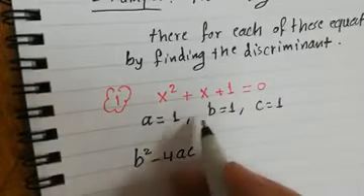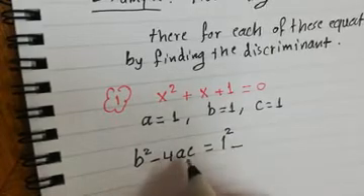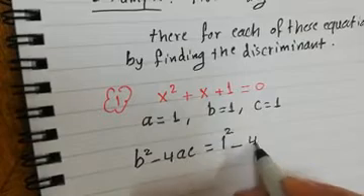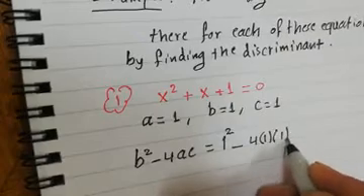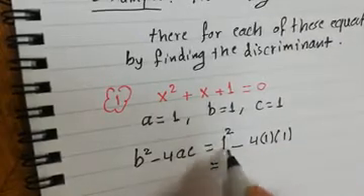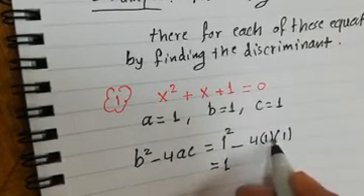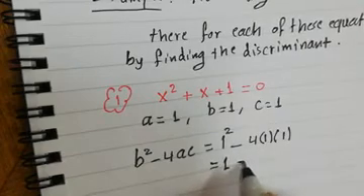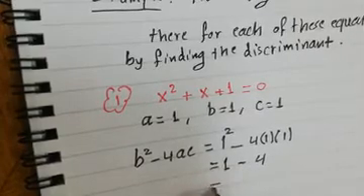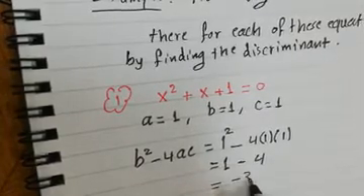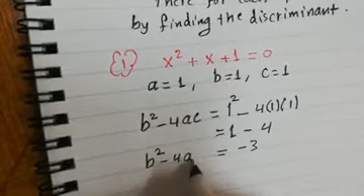It equals B squared, which is 1 squared, minus 4 multiplied by A, which is 1, multiplied by C, which is 1. 1 squared is 1. Now the multiplication, 4 times 1 times 1 is 4. Now the subtraction, 1 minus 4 is negative 3. This is the discriminant, which is B squared minus 4AC.